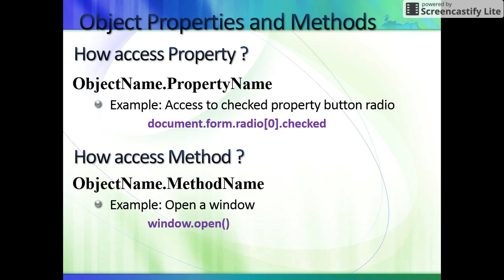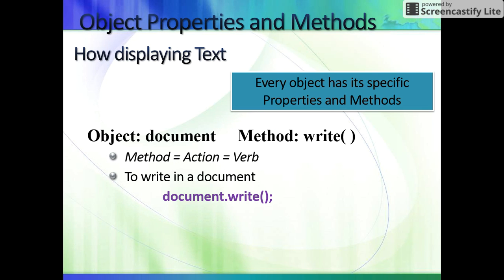All the path of objects is followed by the property. In order to access methods, we write the object name followed by the method name. For example, to open a window, the method used is open, and it has two parentheses like any function. Every object has its specific properties and methods.